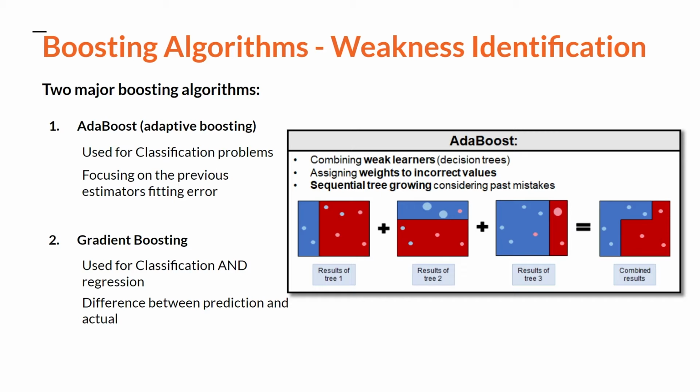So you want to minimize that distance to have a low bias. So intuitively, boosting works by reducing bias. So unlike with bagging, which reduces variance, boosting reduces bias.